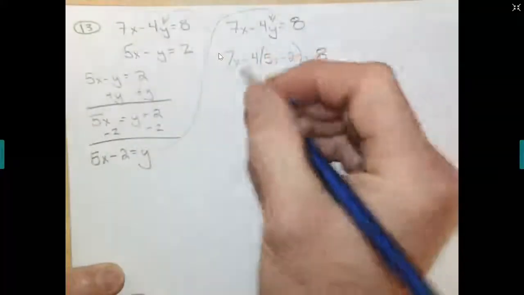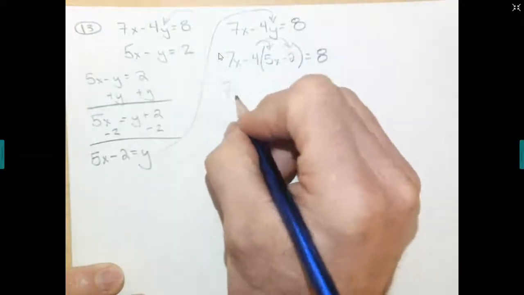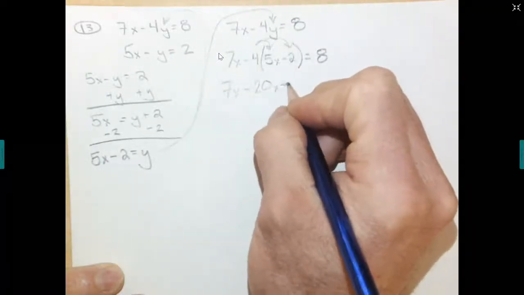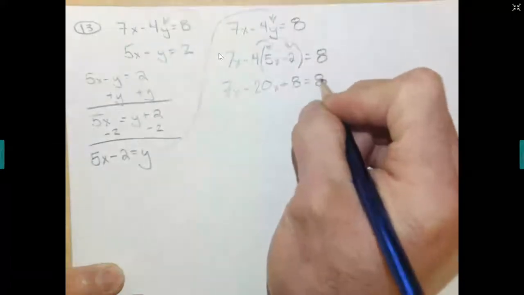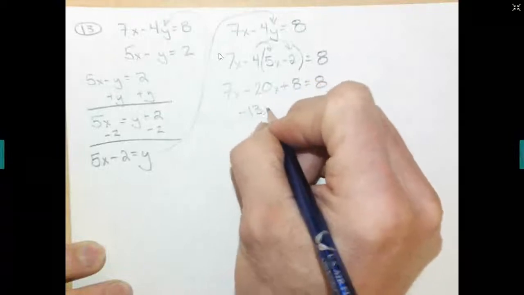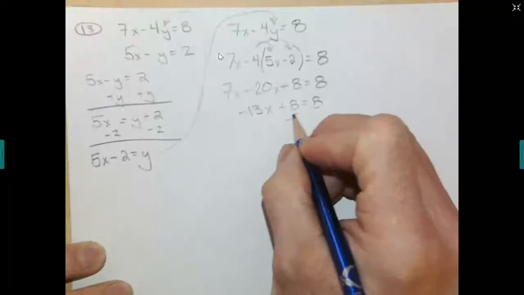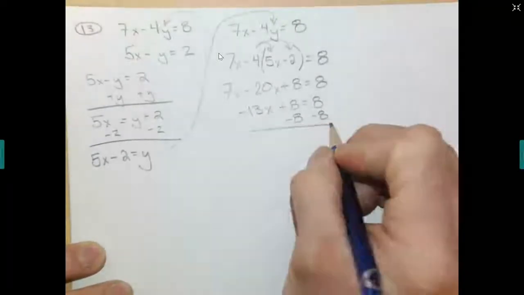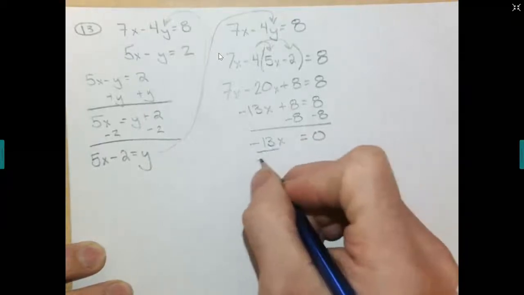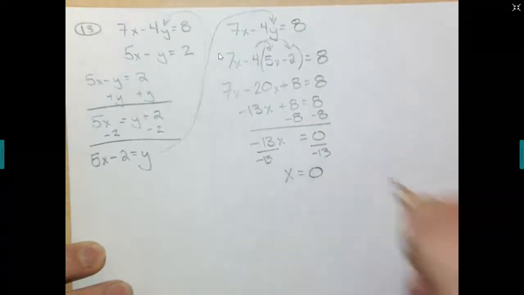Okay. Distribute. So we get 7x minus 20x plus 8 equals 8. 7x minus 20x is negative 13x plus 8 equals 8. Minus 8. Negative 13x equals 0. Divided by negative 13, x equals 0.